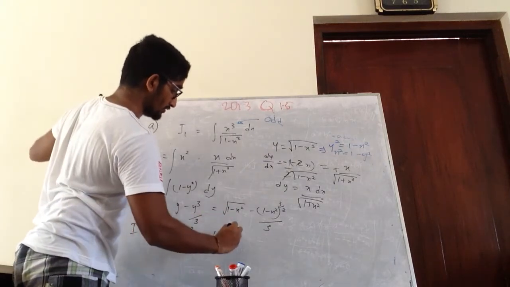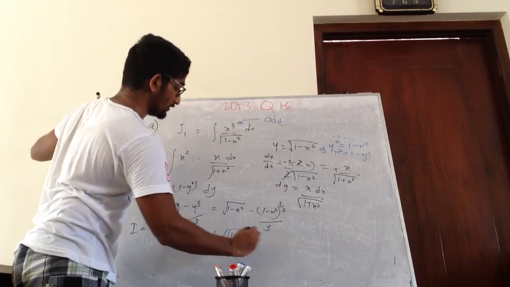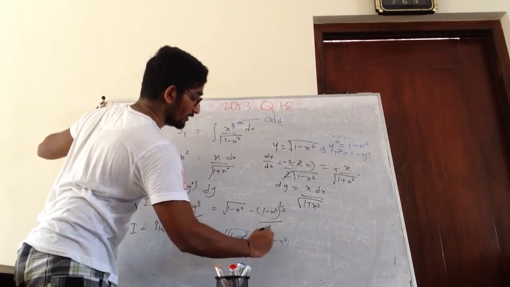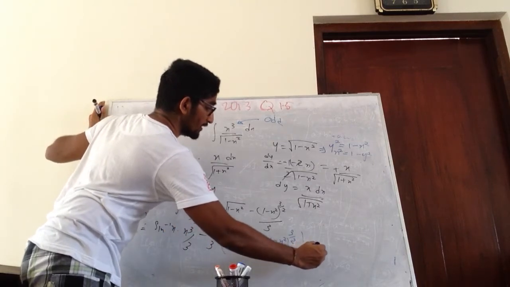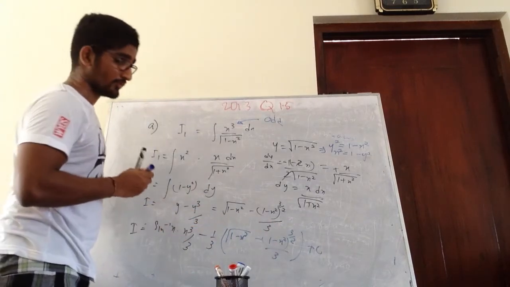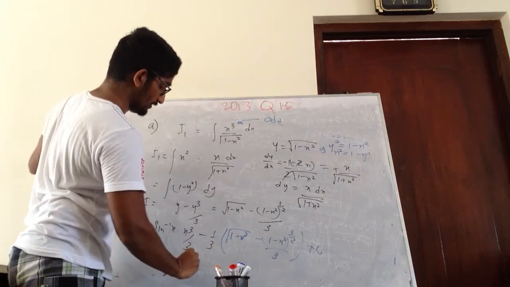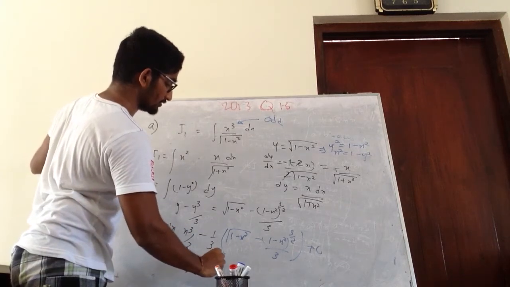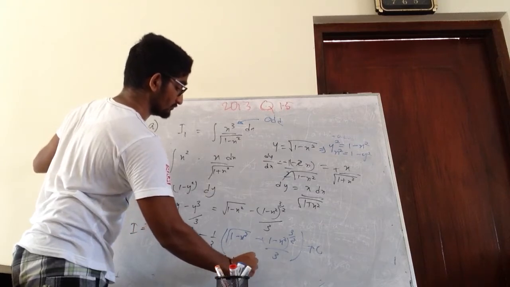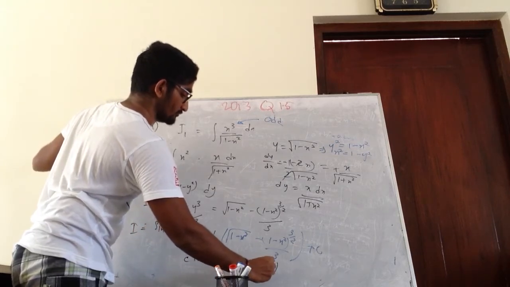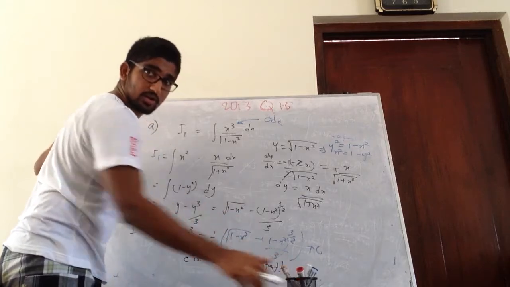That is root of 1 minus x square minus 1 minus x square to the power of 3 over 2, plus c. Okay, then you will write c is an arbitrary constant.